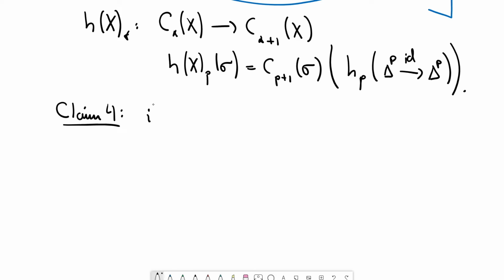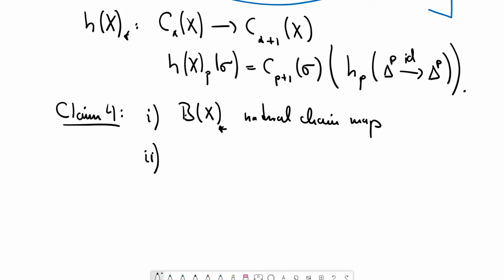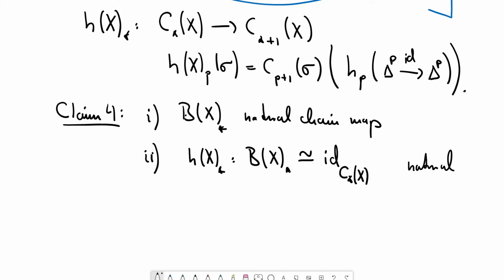The facts are that we still have a chain map and a natural chain map. That Hx star is a chain homotopy to the identity. Also that just transfers via this definition. And Hx is also natural, and we'll need that.